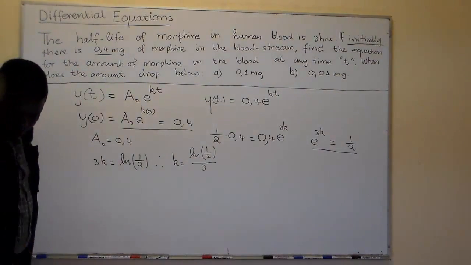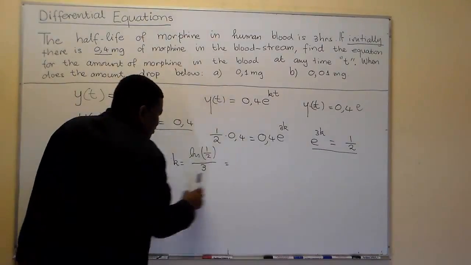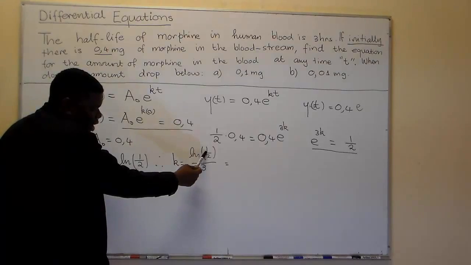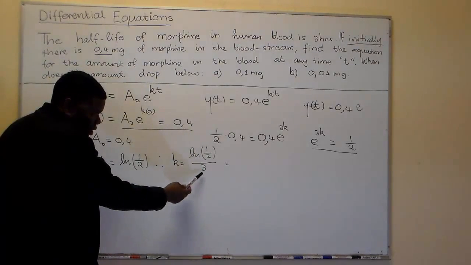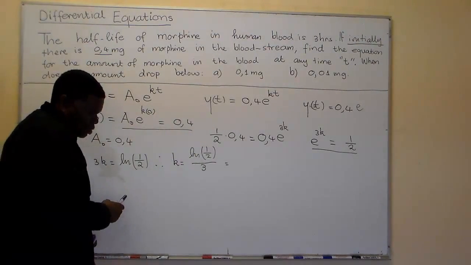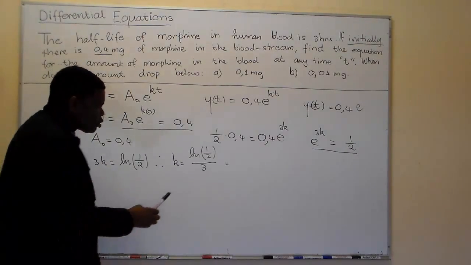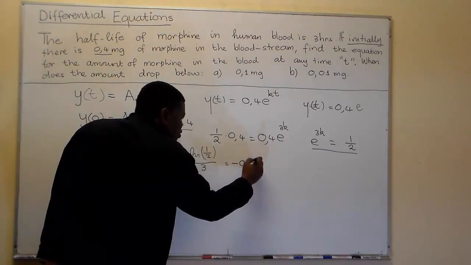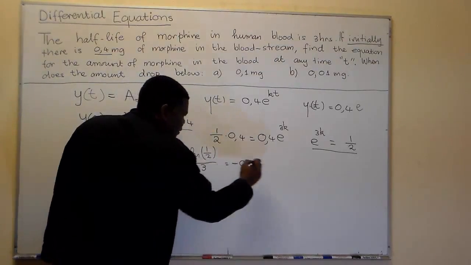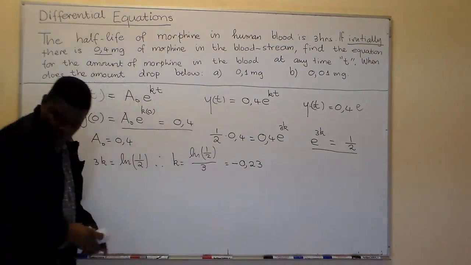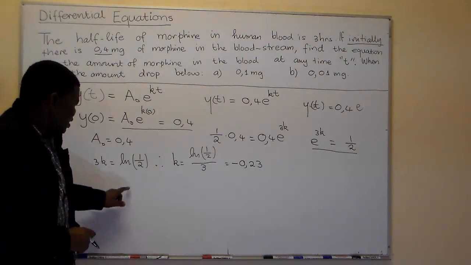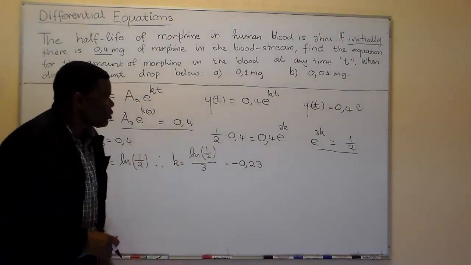I hope my calculations are correct. As you can see, this k cannot be positive because ln of half is less than 0, divided by 3 is less than 0. So the actual number is supposed to be minus 0.23. Alright, so which means now k is equal to minus 0.23.